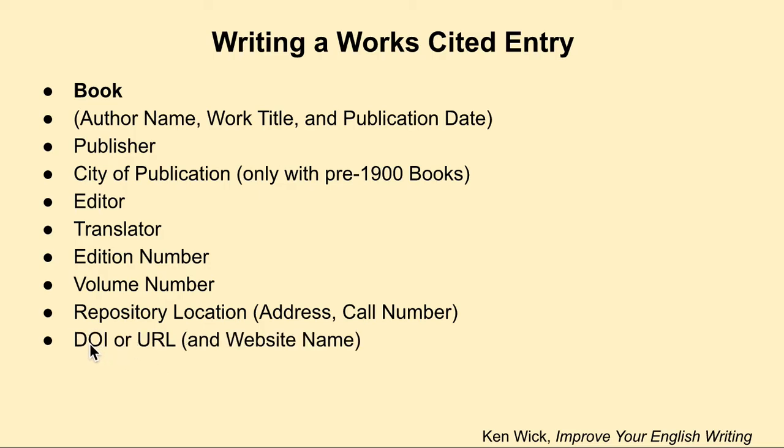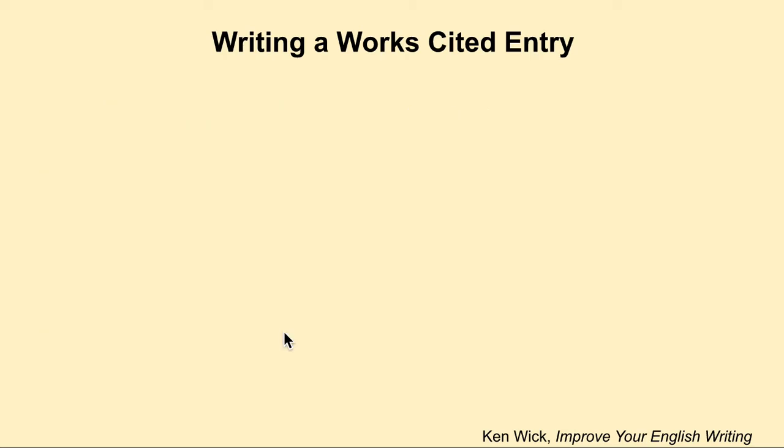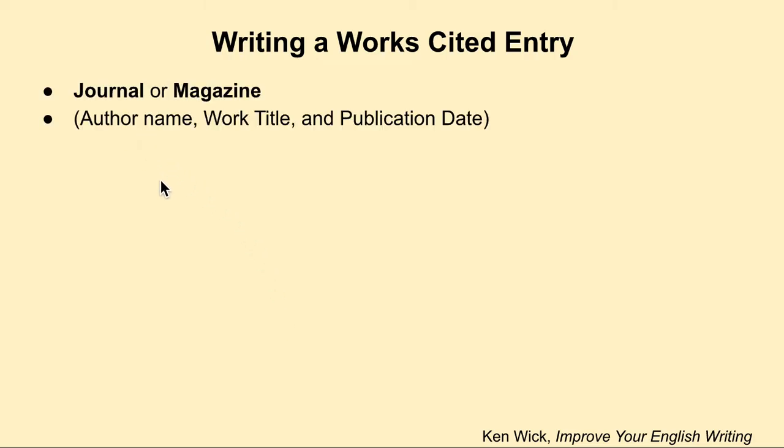And then if it has a DOI or URL, and of course the website name for the URL, which is usually included in the URL, if not, record it. Now let's move on to a journal or magazine. Once again, you always record the author's name, the work title, the publication date, and then the various publication details for a journal or magazine.